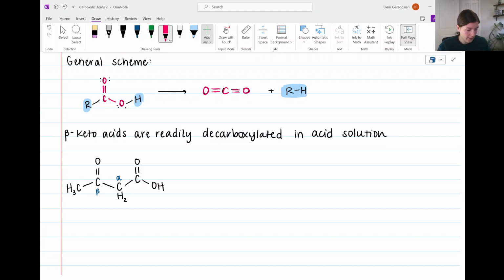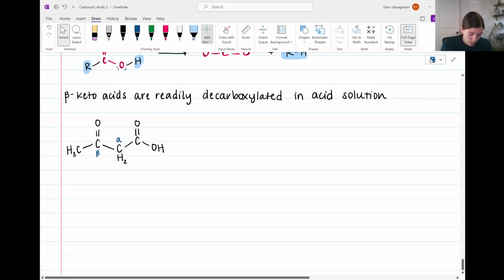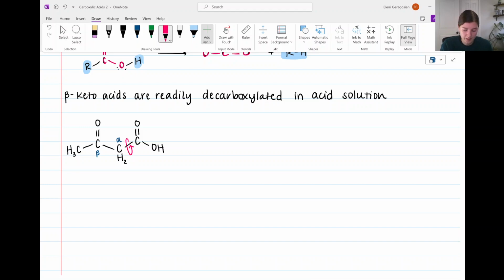And we'll draw out a few steps to explain why that is. Well, if we rotate this carboxylic acid carbonyl carbon bond to the alpha carbon, essentially we'll switch the locations of the OH group and the carbonyl oxygen.